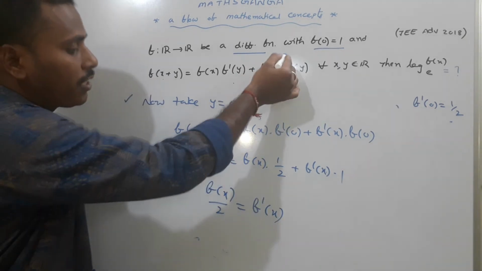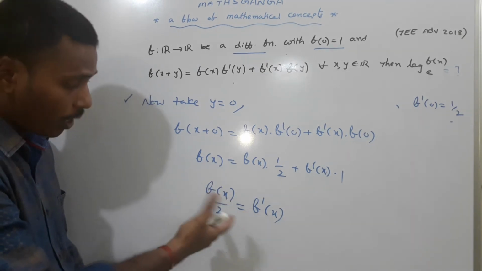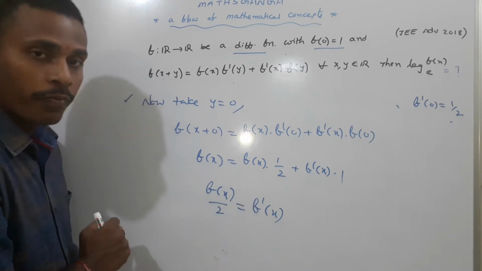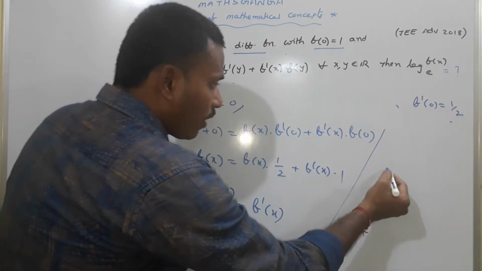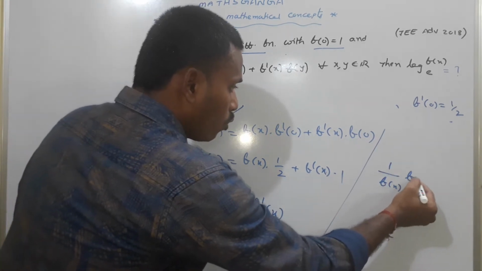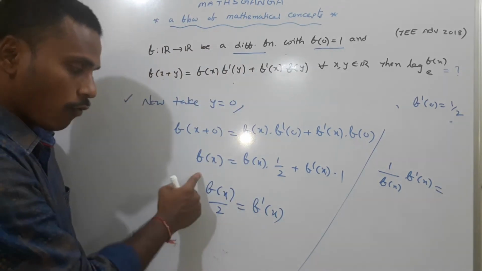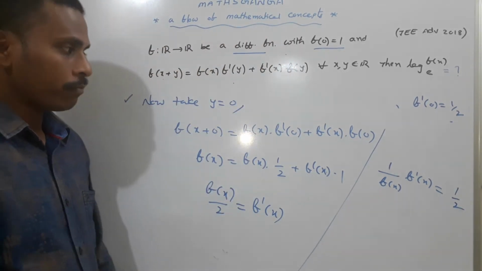With the given relations, I have a linear differential equation in terms of f of x. What is it? f of x by 2 is equal to f dash of x. Now if I rearrange it, what do I have? 1 by f of x into f dash of x is equal to 1 by 2.